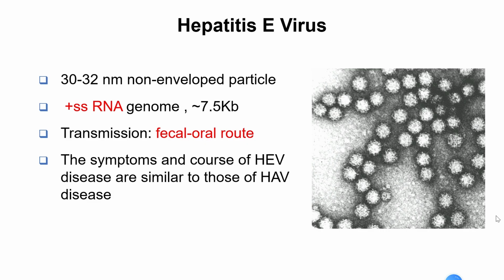HEV is about 30 to 32 nanometer spherical, and the genome is again also positive sense, single-stranded RNA. The genome size is also around 7 kb, 7.5 or 7.2 kb.